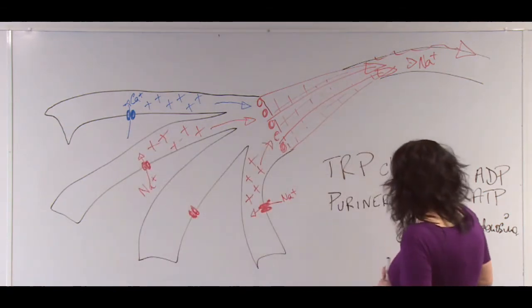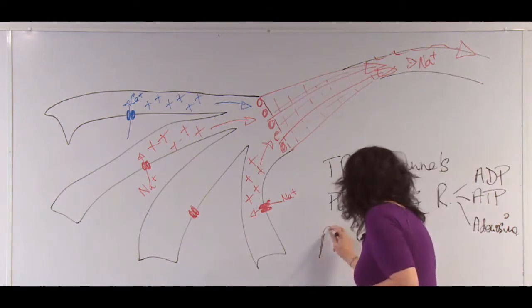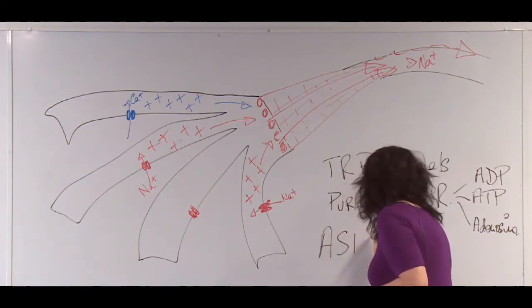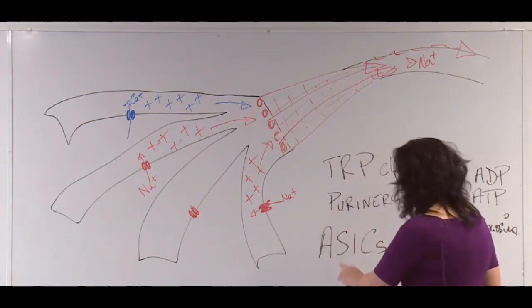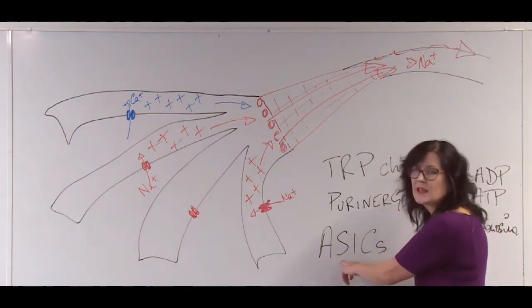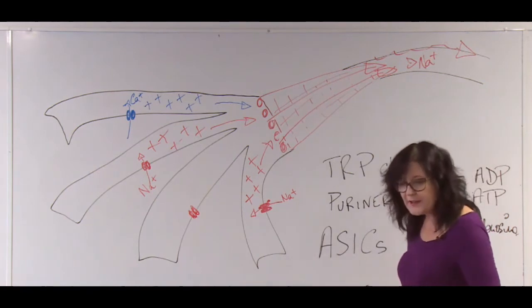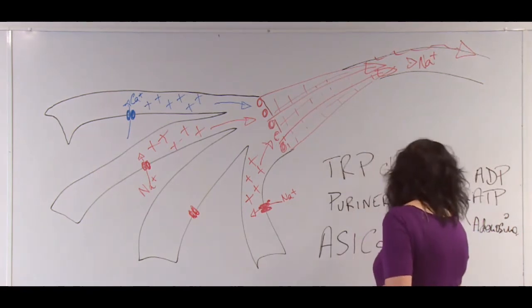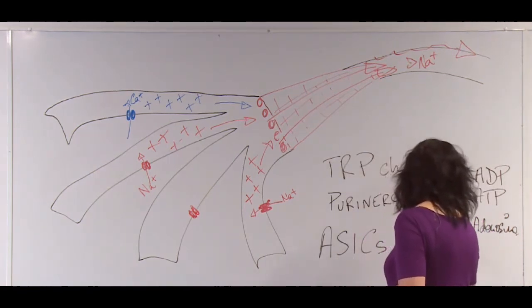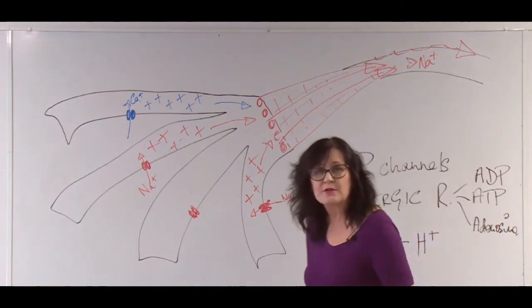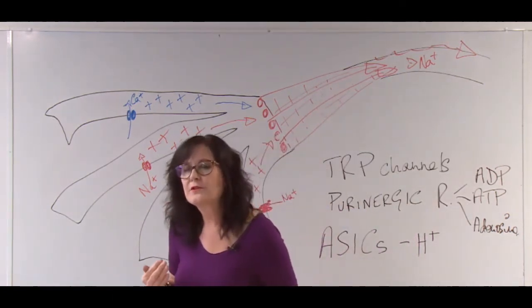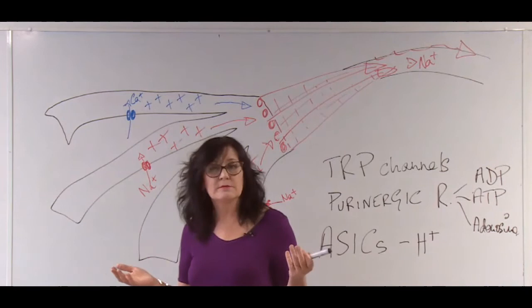Other channels that we need to talk about are called ASICs. This stands for acid sensing ion channels. And these basically bind protons. Remember old H+, the protons bind, opens the channel.